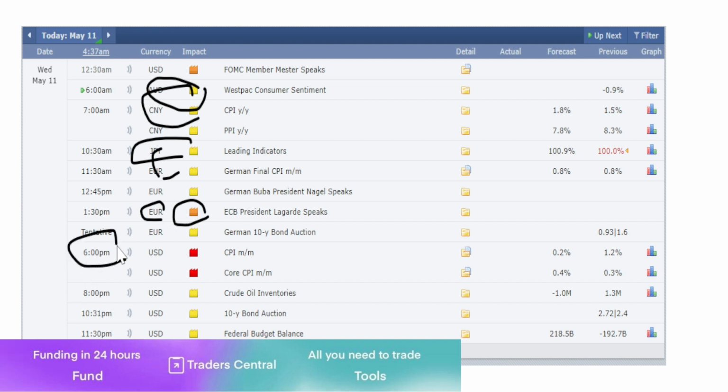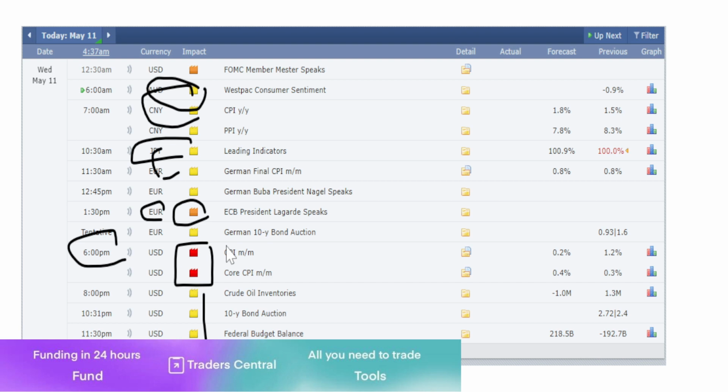At 6 p.m. we have high impacting news coming up on US dollar currency pairs. It is a very important news, so we can expect very high volatility in USD currency pairs. Following that, we have only low impacting news coming up. So plan your trade entry and exit based on this economic calendar schedule.